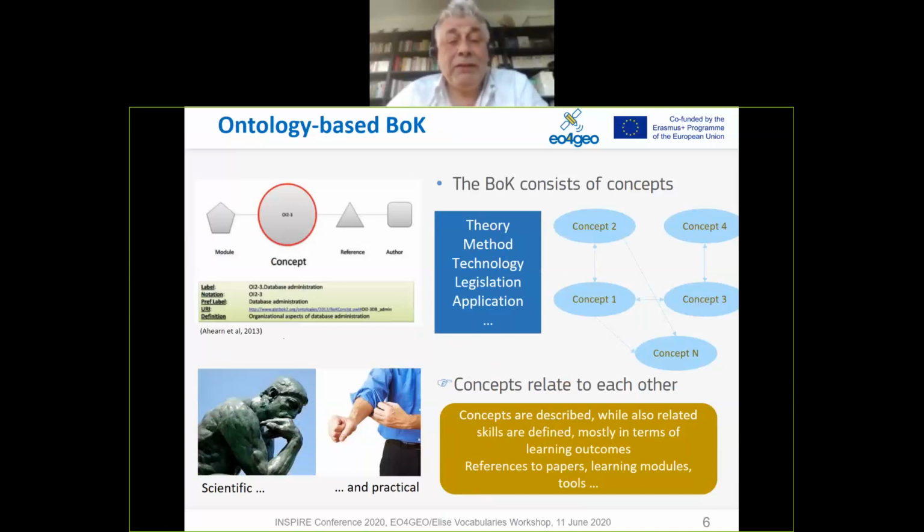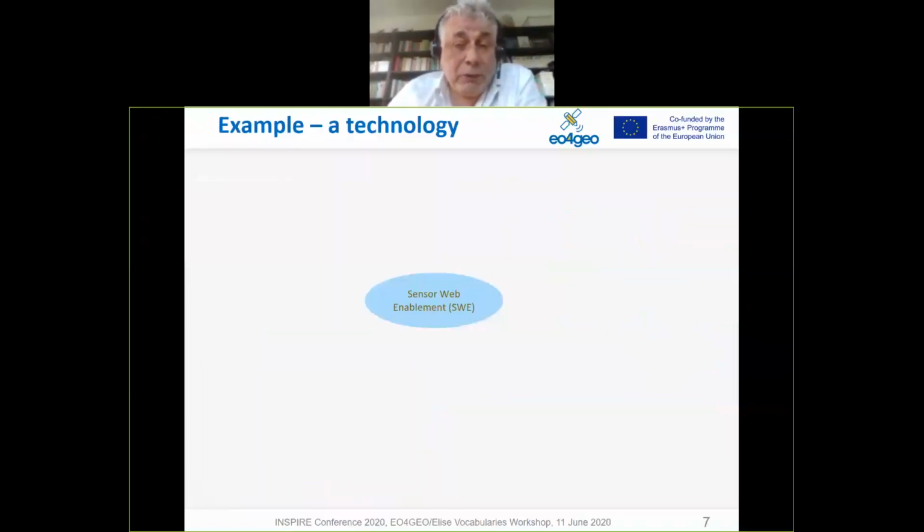And from the patterns, then a series of interrelated activities and tasks were defined for using Inspire. We do not use there the use case as a term because that's more linked to the real system implementation, while this is more at a higher level. An example or examples of patterns are given in the left down corner. For example, the use or reuse of Inspire specifications is a clear pattern, and provision of APIs is another one.